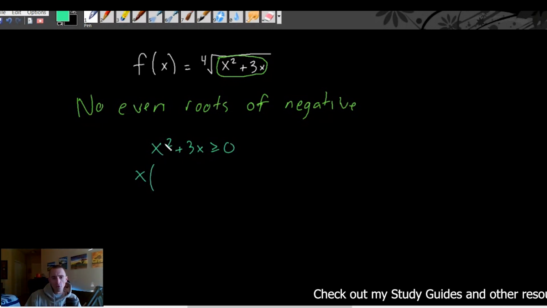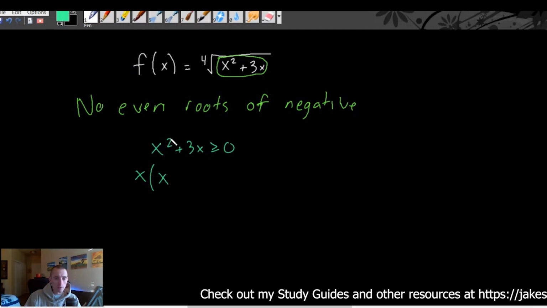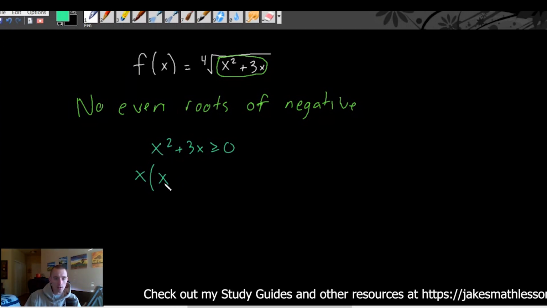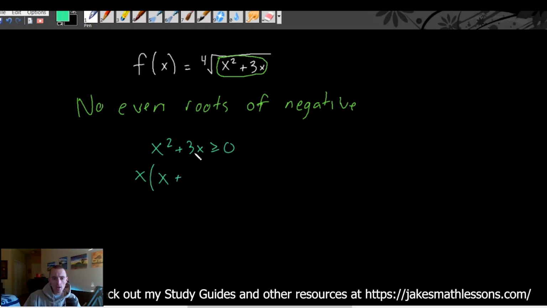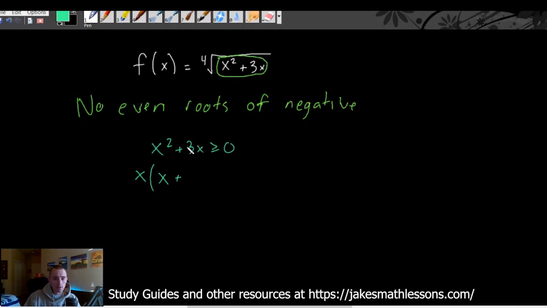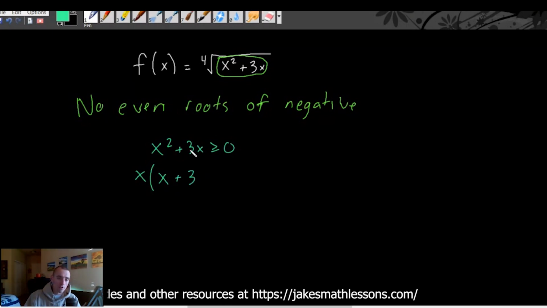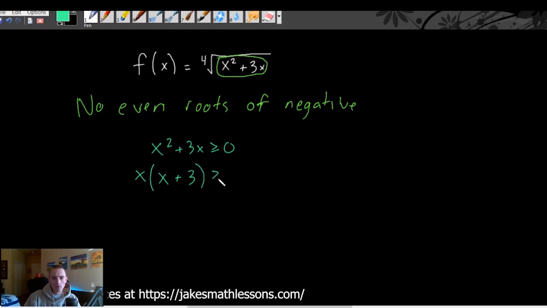If we take x out of an x squared term, we're left with x, or in other words, x squared divided by x leaves us with x. And if we pull x out of 3x, it leaves us with 3, or 3x divided by x gives us 3. So now we know this whole thing has to be greater than or equal to 0.